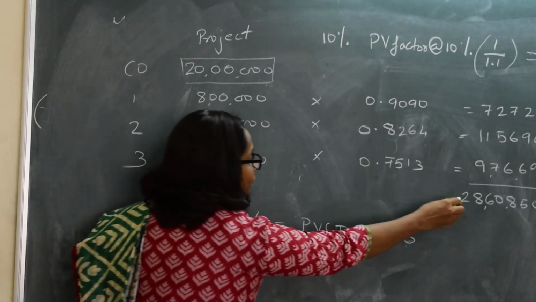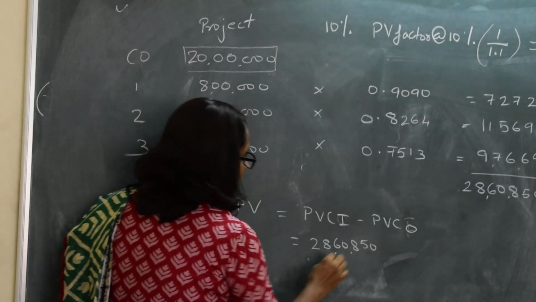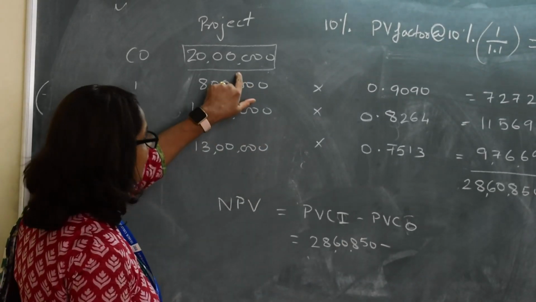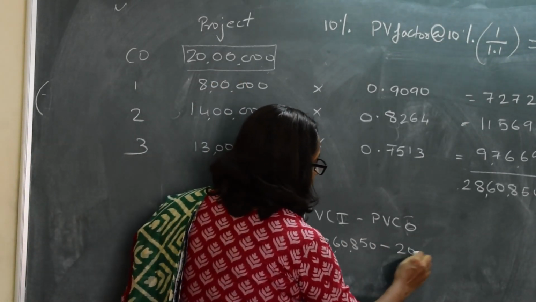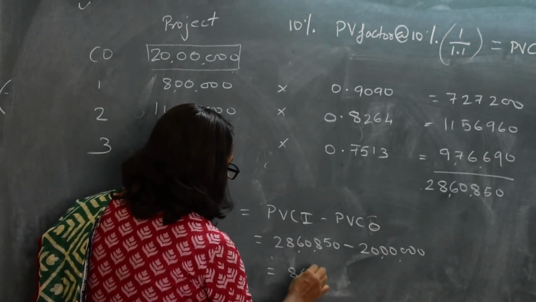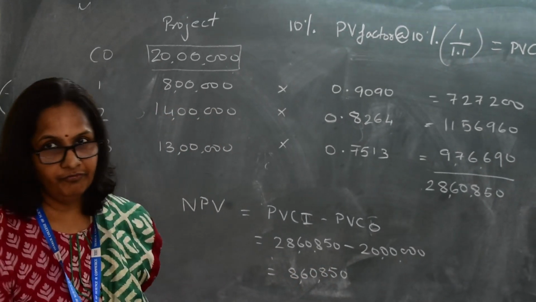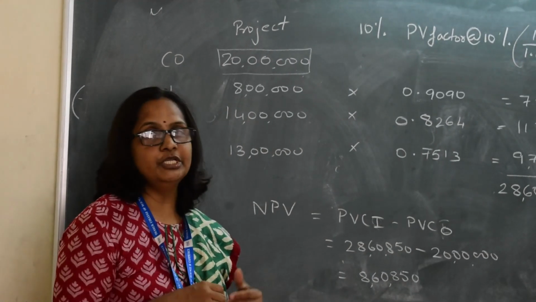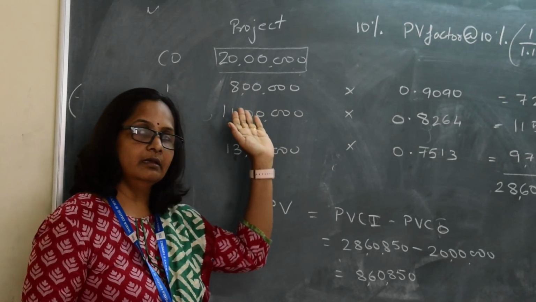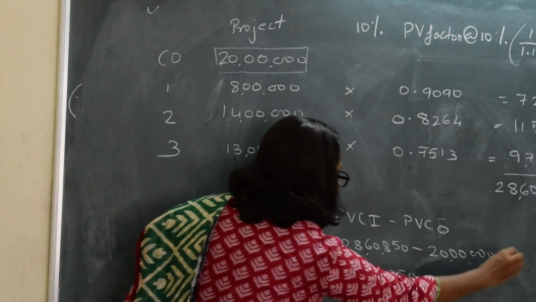This is our present value of cash inflows, and deducting from this the investment which we made, that is 20 lakhs, we get a net present value of 8,60,850. Now it's the decision part, whether we should invest or not. According to this technique, we got a positive NPV, so we should invest in this project.